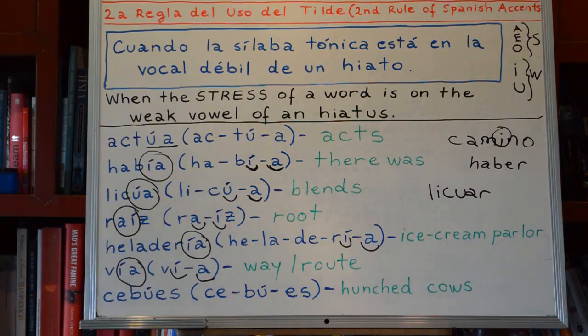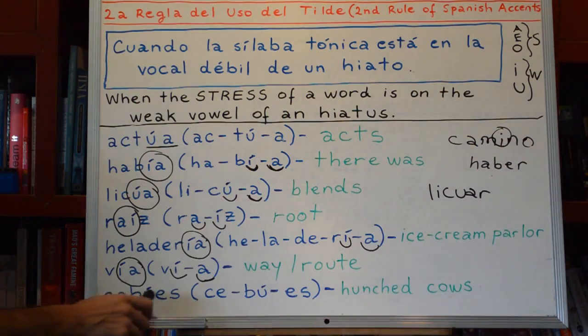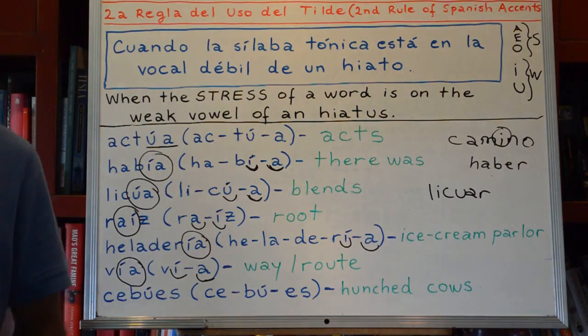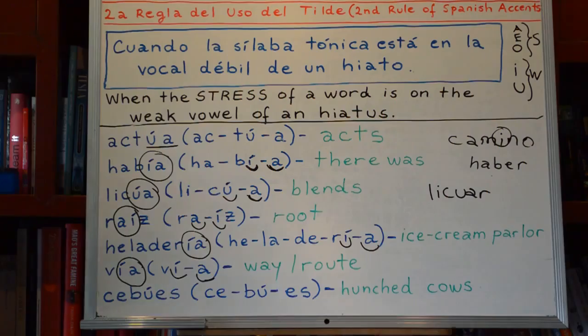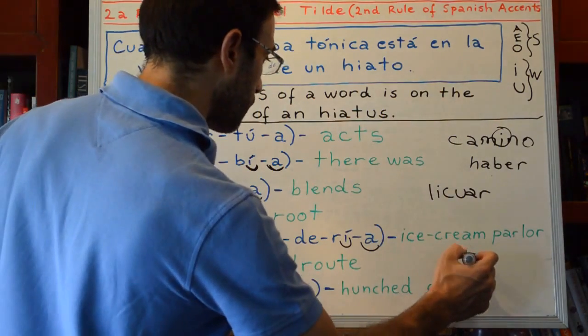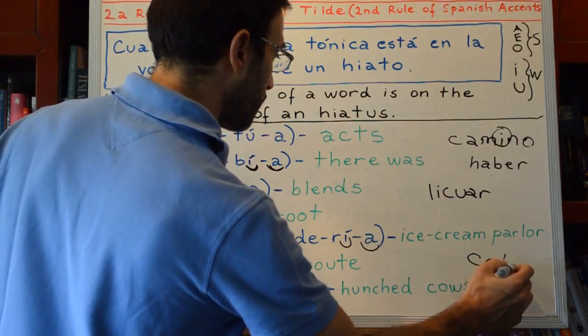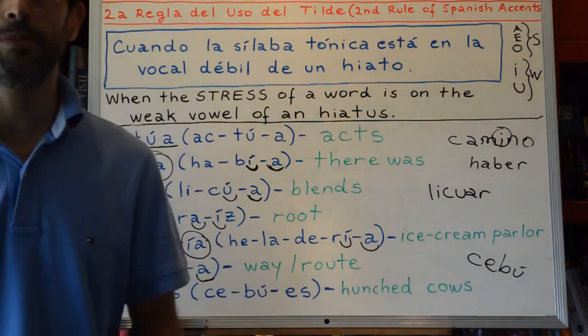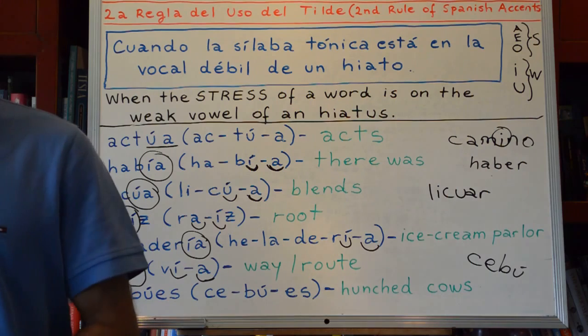Our last example is sebúes. Sebúes is a plural word. Okay? Plural word for cebú. What is cebú? Cebú is a type of cow.